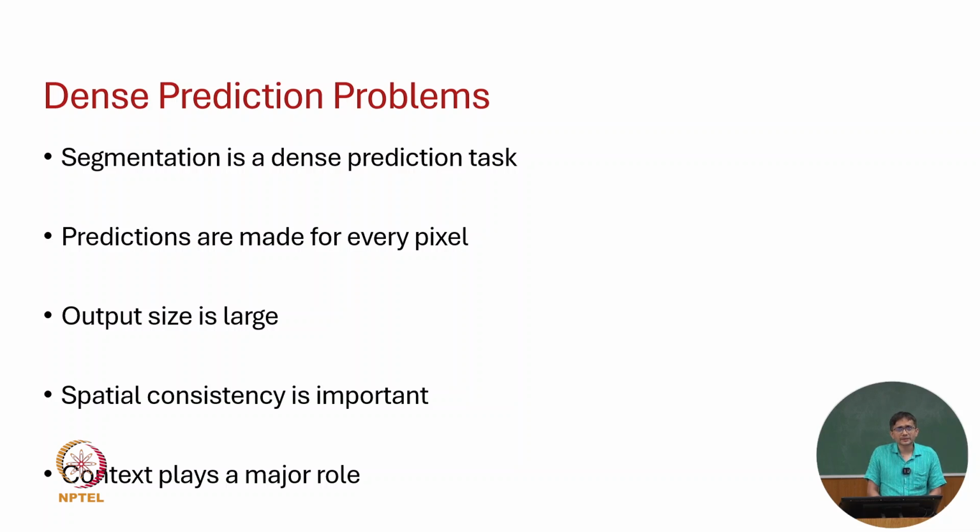One very important point which we will emphasize again and again in today's lecture and even the next lecture is that context plays a major role in the case of semantic segmentation.